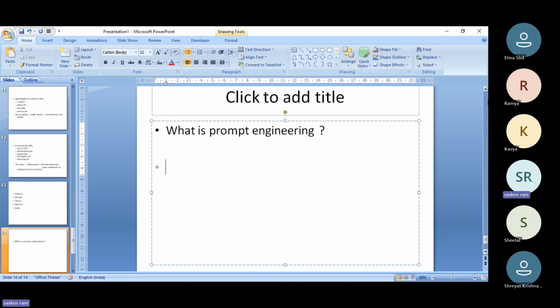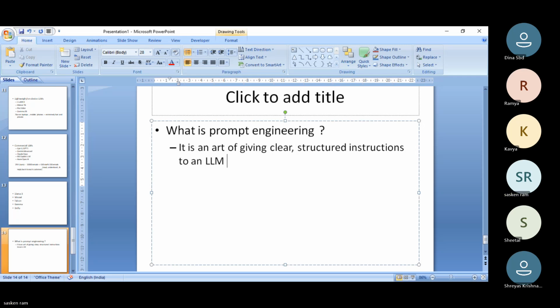What is prompt engineering? It's the art of giving clear, structured instructions to an LLM to get a high quality output.